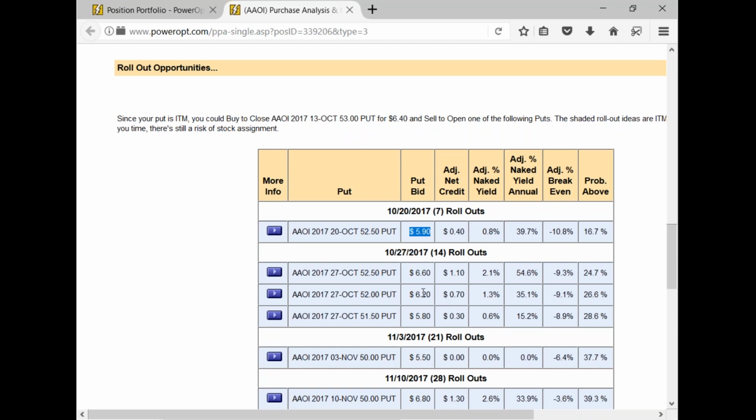Well, right away you see the problem. This is shown as a positive roll because it's taking a loser to a winner if and only if the stock goes back up to above 52.5 next week on the 20th of October, or on the 27th, goes back above 51.50 or 52. Right? That might not be the expectation.